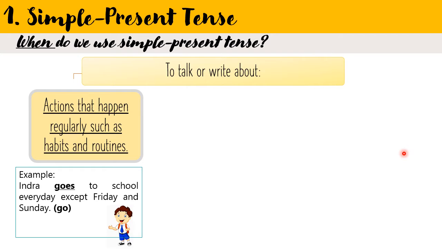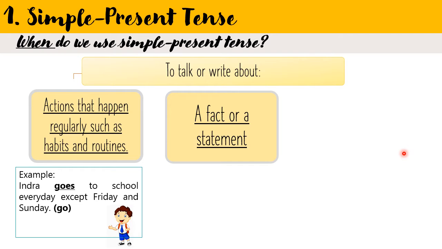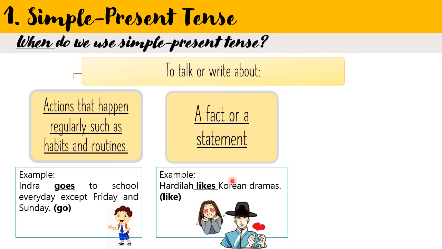Now, when else do we use simple present tense? We use it to talk about a fact or a statement, okay? Something that is true. So, for example, Hardila likes Korean dramas, okay?